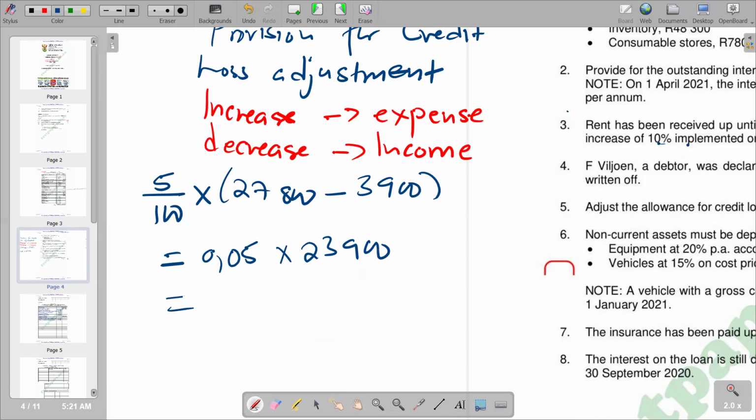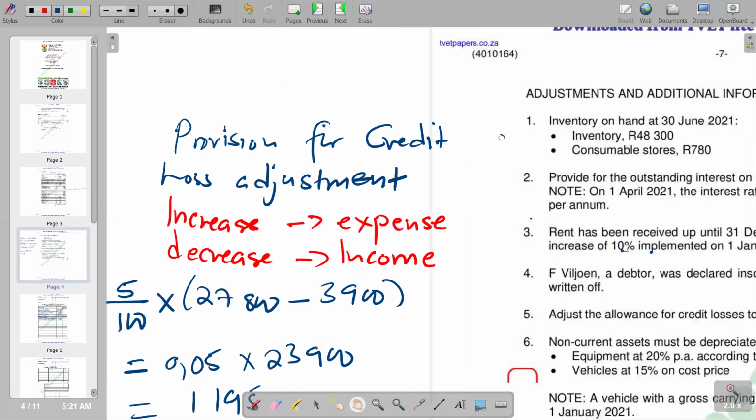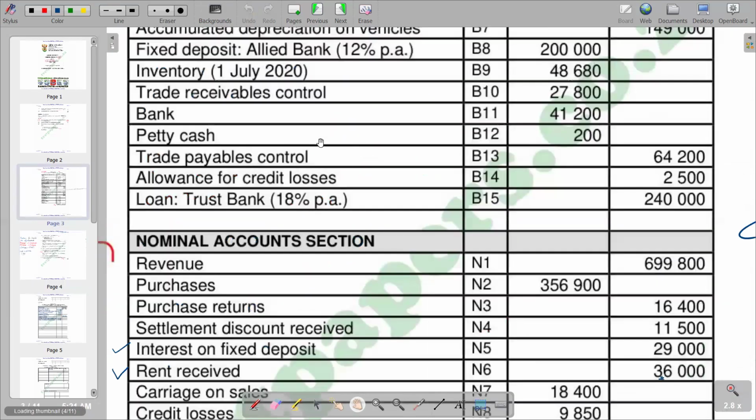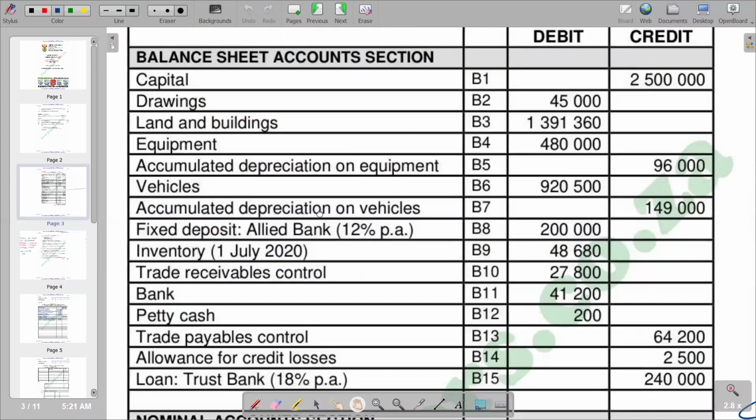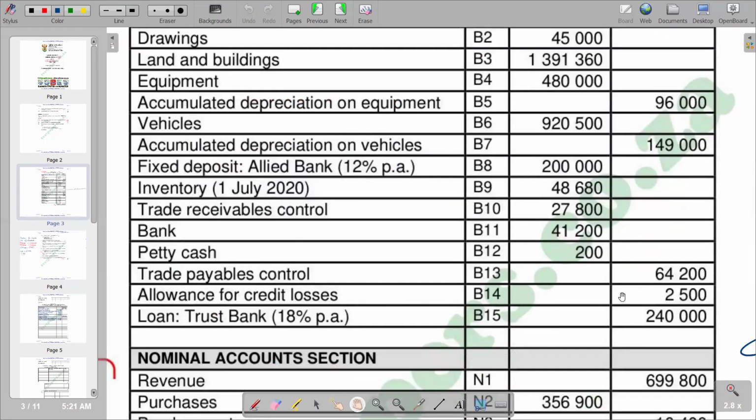You're going to get 1,195. So this is the current period level of provision for credit loss. So you compare it with the previous period, which is given in the balance sheet account section. What you are given here is the allowance for credit loss 2,500. So this one is the previous period.